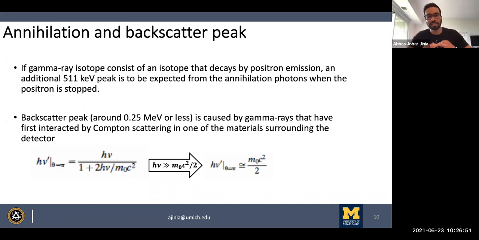So you normally surround your detector with some material, the surrounding materials. So we can think of it like this. We have a detector crystal, and this detector crystal is surrounded by some material.